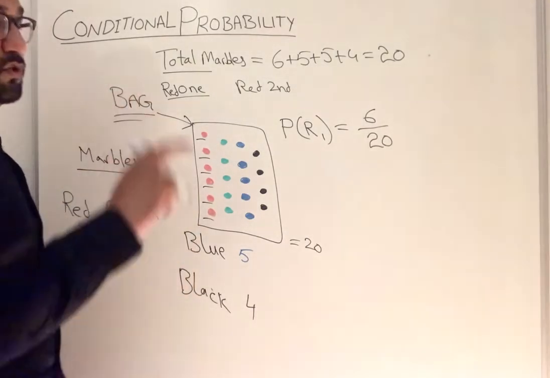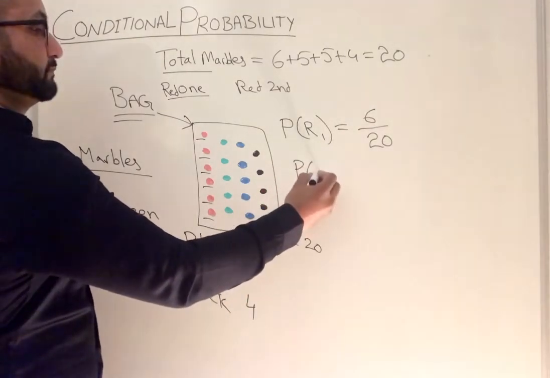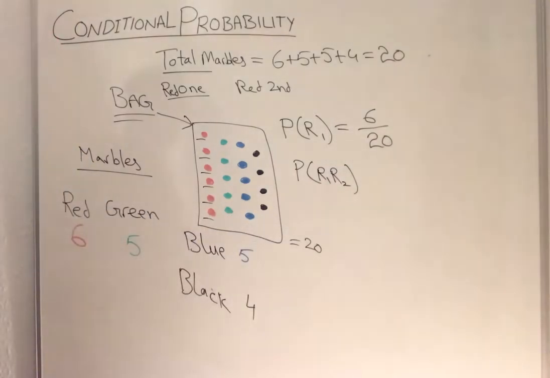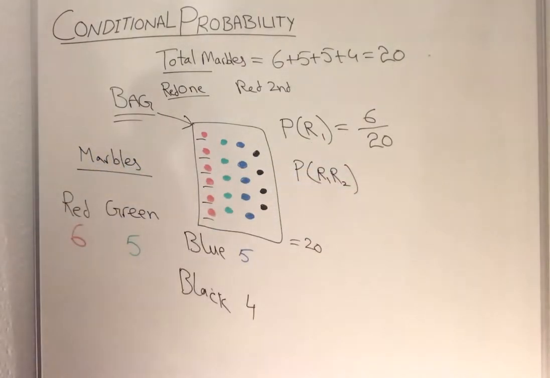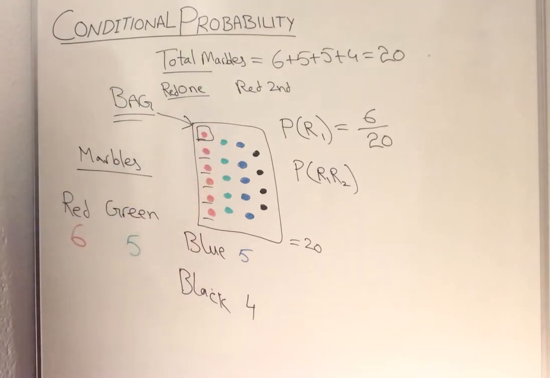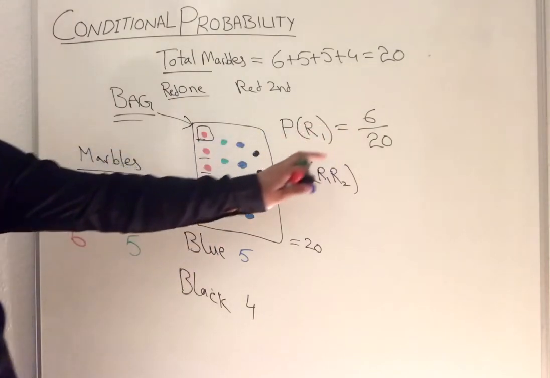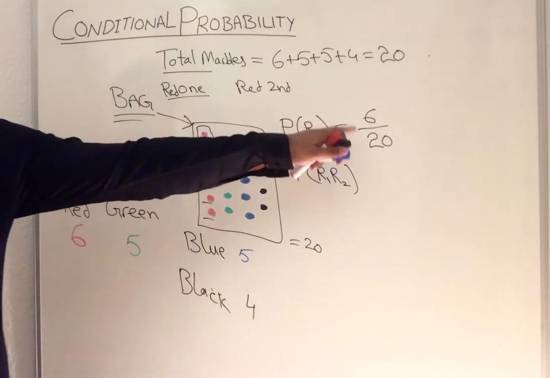If they said two red marbles are picked, so red and red, that's the second. When you pick one red out of that, one red is gone, because we don't know which red we are selecting, we're just taking one out, and we have 6 possible reds, so there will be 6 out of 20.